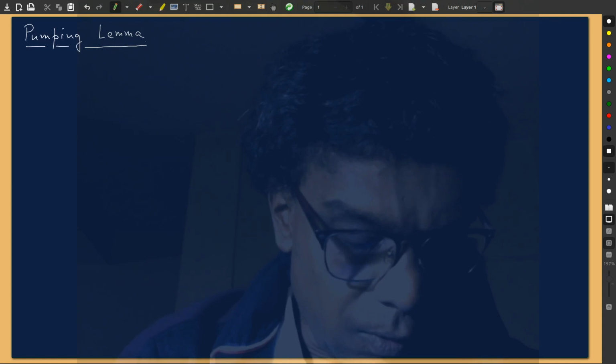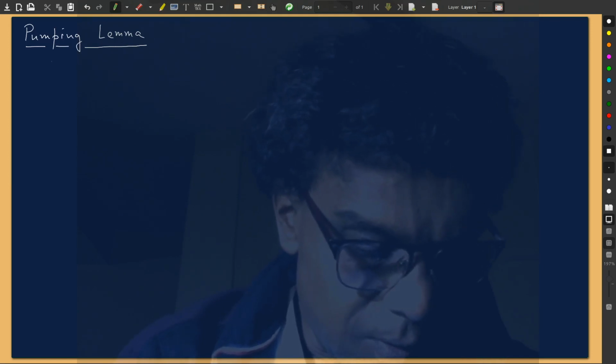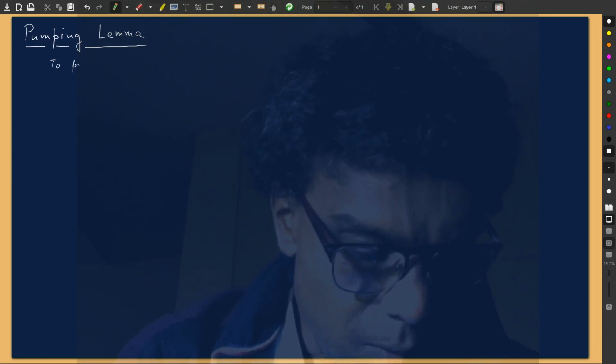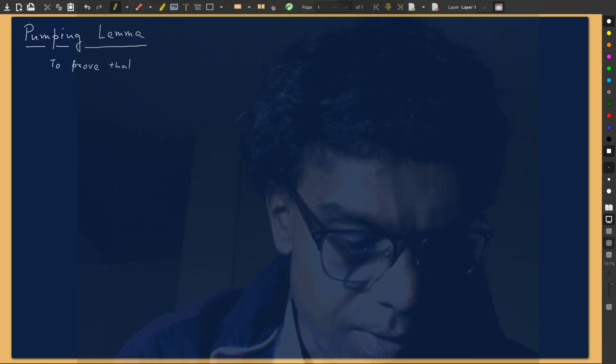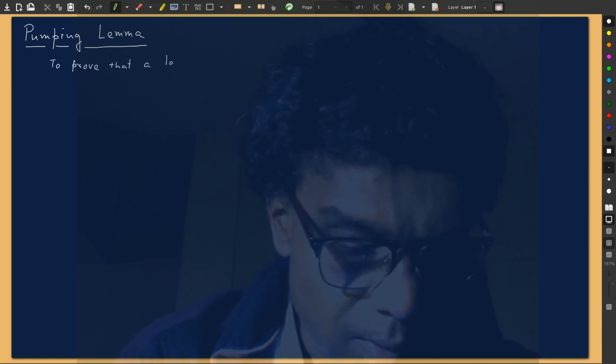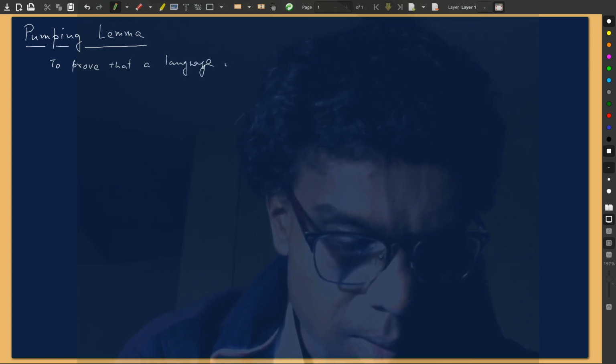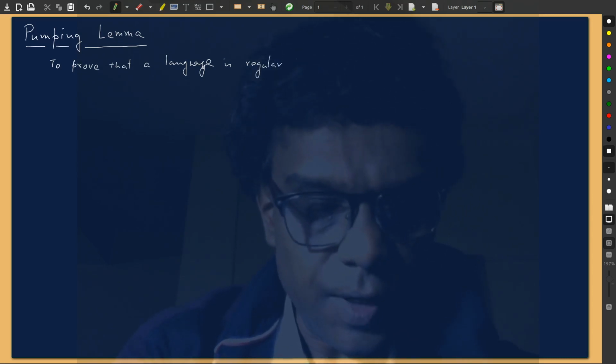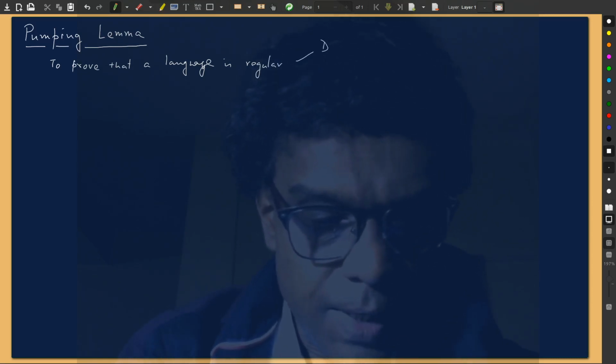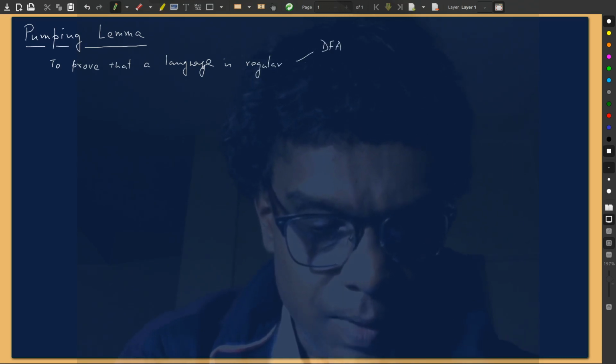Okay, so far we have seen several ways to prove that a language is regular. For example, you can build a DFA for it. You can build an NFA for it, or an epsilon NFA.